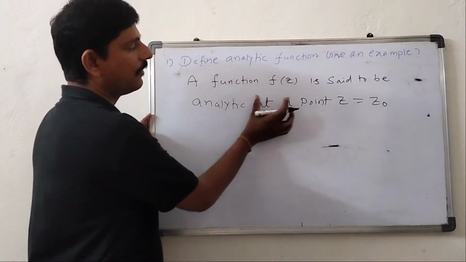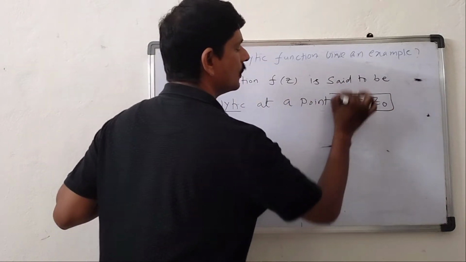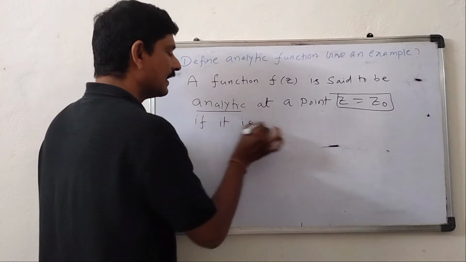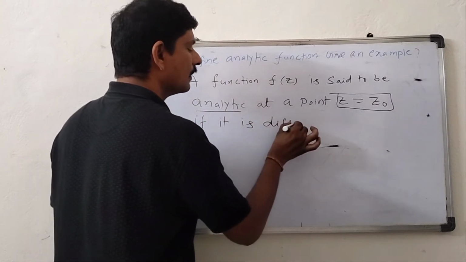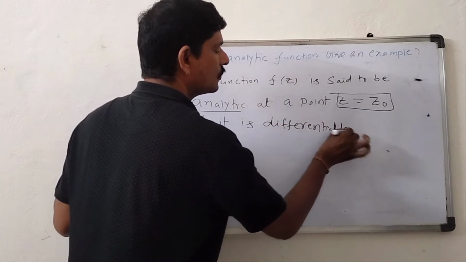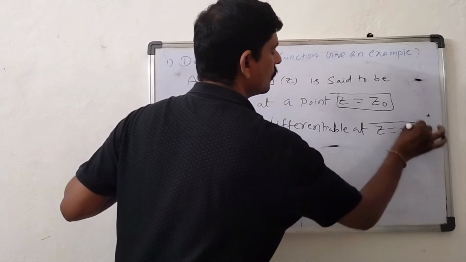A function f of z is said to be analytic at a point z is equal to z0 if it is differentiable at z is equal to z0.